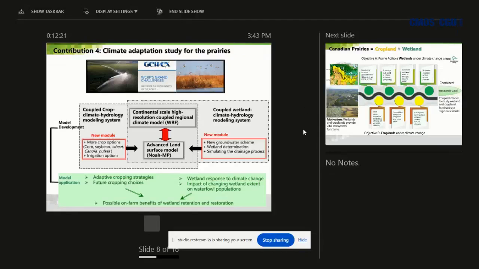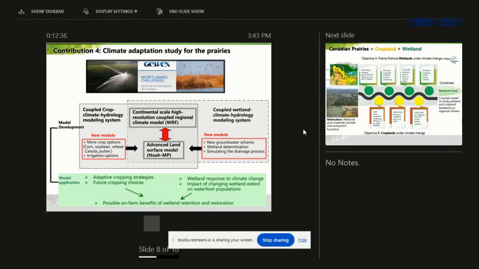Based on that, we started our climate adaptation study, and we still use this coupled high-resolution continental-scale regional climate model as our foundation.